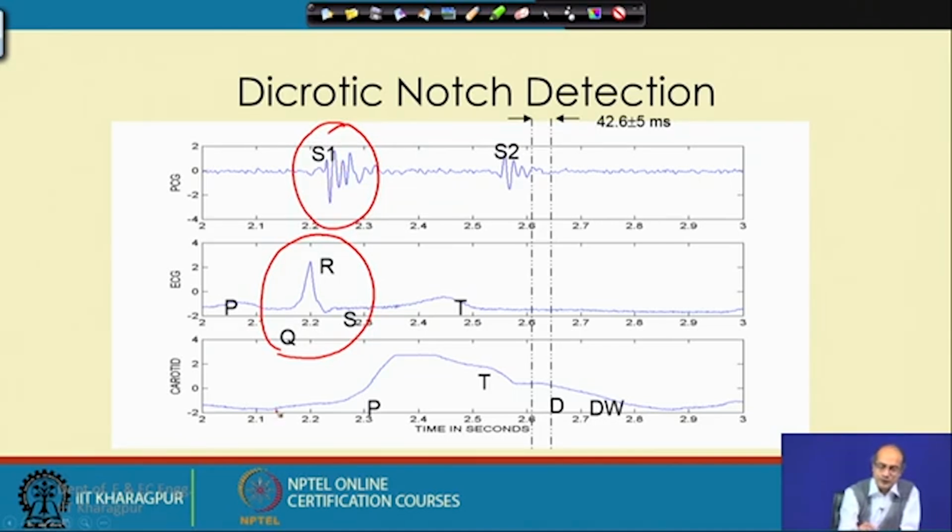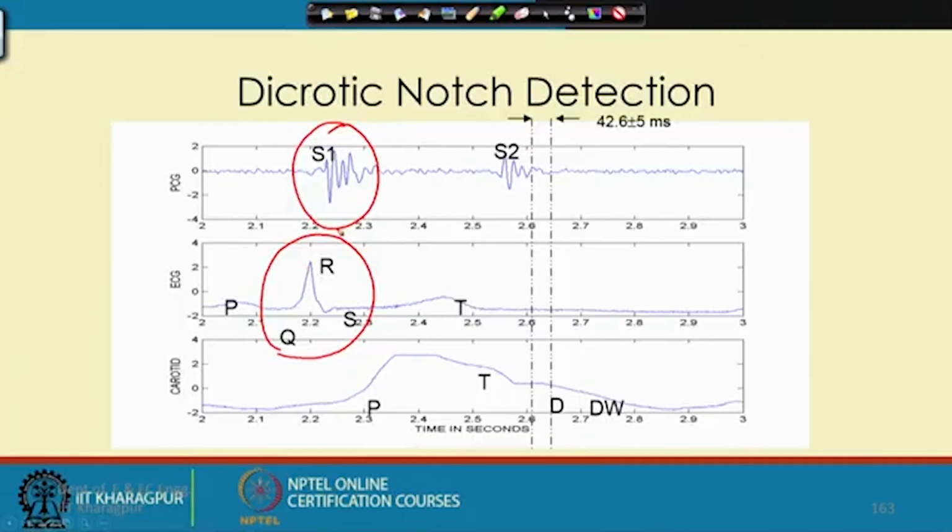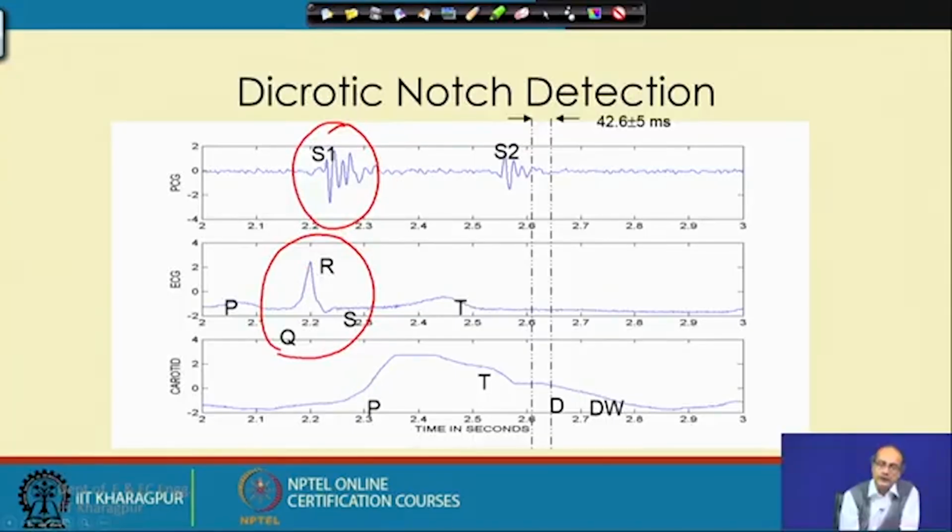So, the S1 signal can help us find out whether it is a normal sound, or whether there is some stenosis in the artery or imperfection in the valve. At the time when the blood is flowing from the left ventricle to the aorta, the valves in between the aorta and the ventricles should have closed before that.